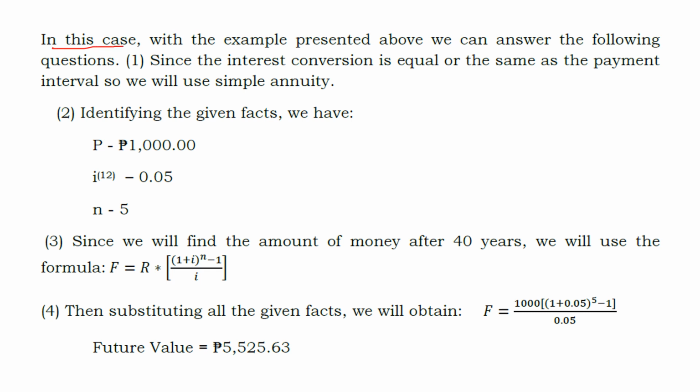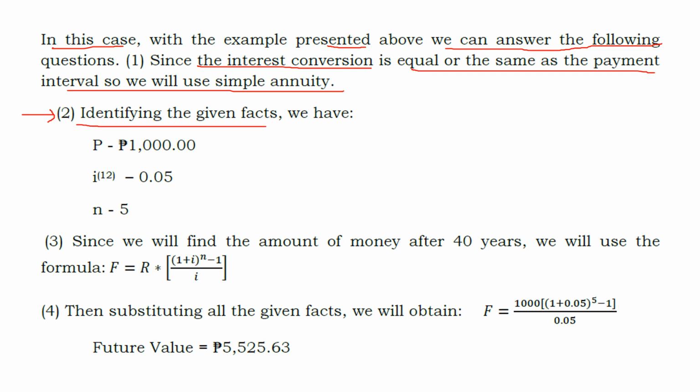So in this case, with the example presented a while ago, we can answer the following questions. Since the interest conversion is the same as the payment interval, we will use simple annuity. For number 2, identifying the given facts.